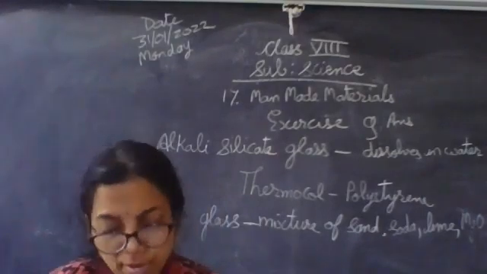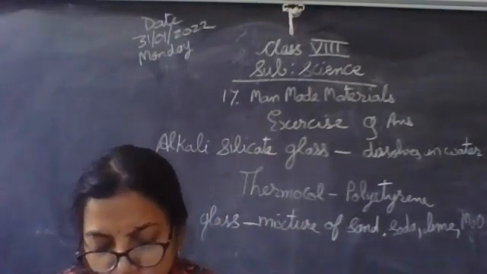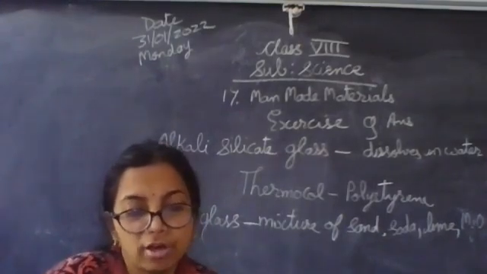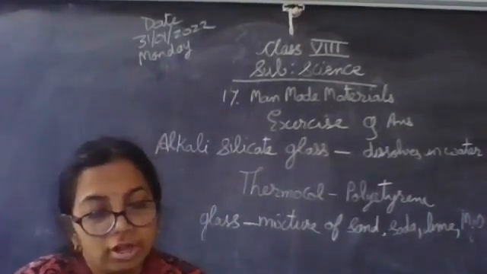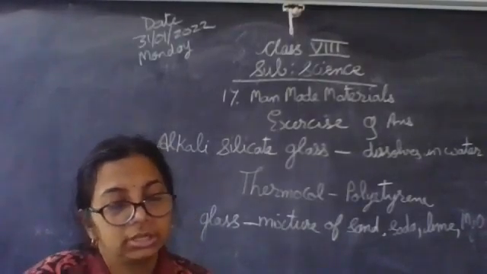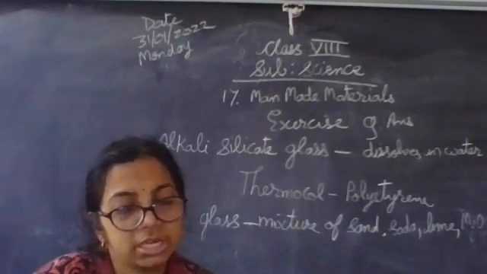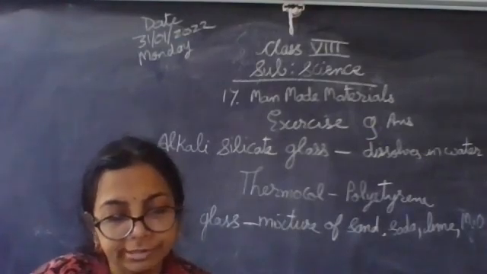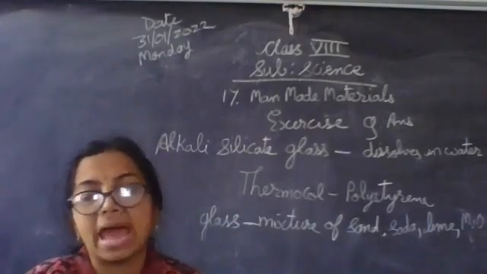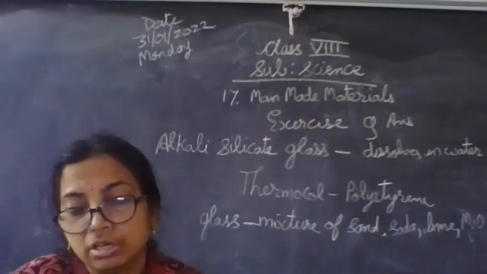Then uses of plastic, we all very well know. Plastic is used in a variety of things, making your day-to-day material like polythene, PVC, then electric switches, covering of the handle of pans and cookers.